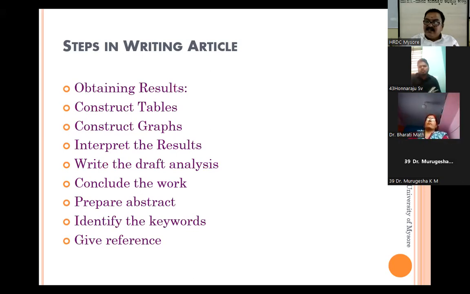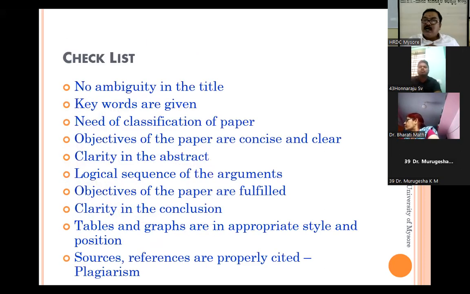If there is anything else, you can tell me later in the discussion time while discussing the issues. And then write the draft analysis, conclude the work, prepare the abstract, identify the keywords, and give the references. Everything I have explained already. So this is how you have to complete your research article.